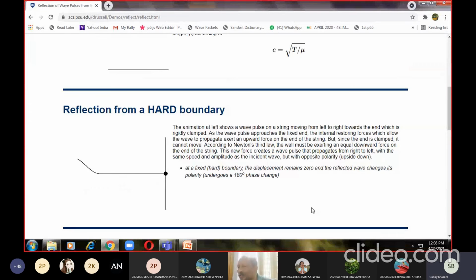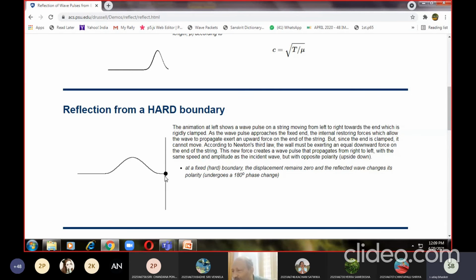So the above one is a wave pulse that is propagating through open ends and it's just going on. But when it is reflected from a hard boundary, see what's happening. The dot that you have over here is rigidly fixed.